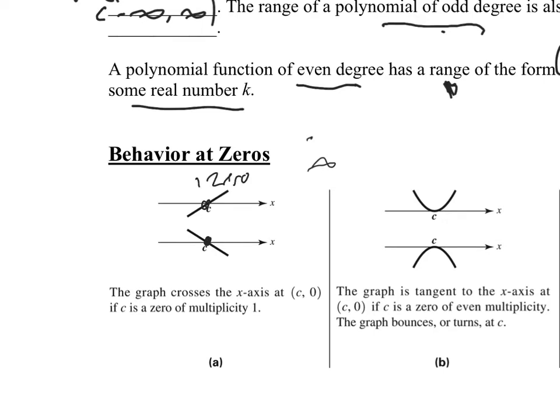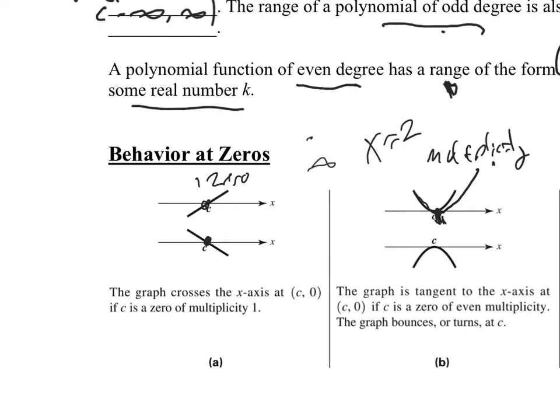If a function bounces off the axis and goes back up, that's a multiplicity. You could have more than 1, 0. It could be x equals 2 three times, or 2 times, or 5 times.